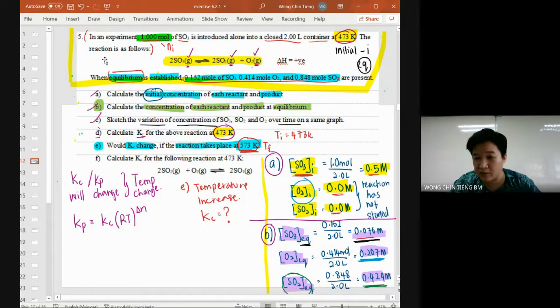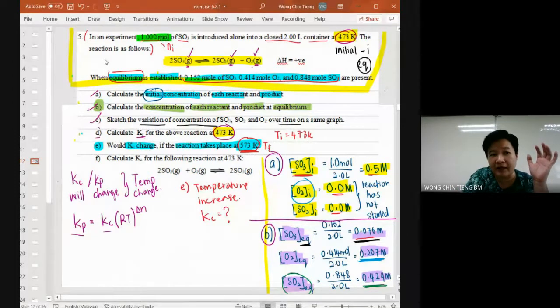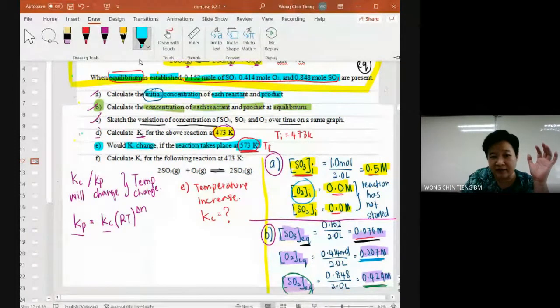Even though it comes from the ideal gas equation, your volume, pressure, concentration and number of moles disappear. Why do they disappear, leaving only temperature? They disappear because they remain constant. So your KC and KP will only be affected by your temperature.